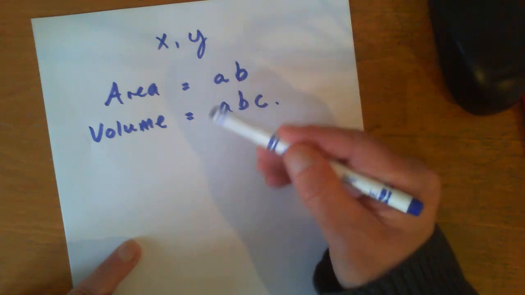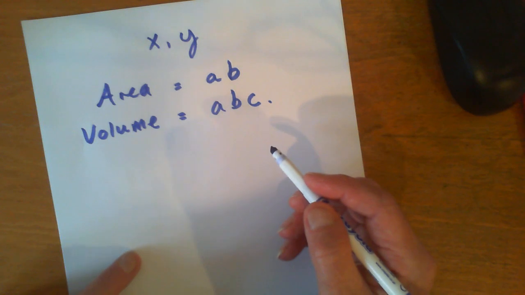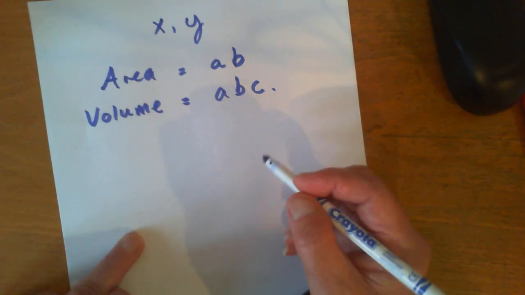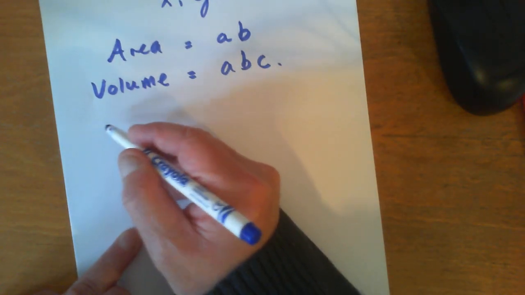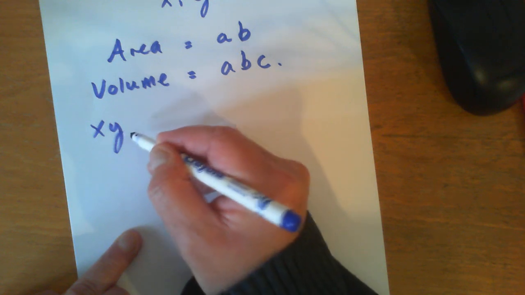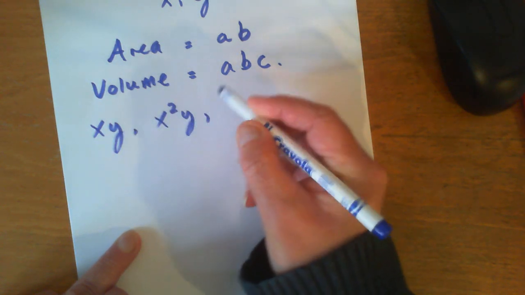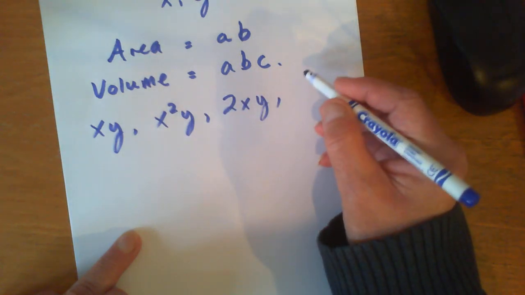That's the area, and that's the volume in these particular examples. Obviously, you can have mixtures. You can have an algebraic term like that, or you can have x squared y, or 2xy, or anything you like.